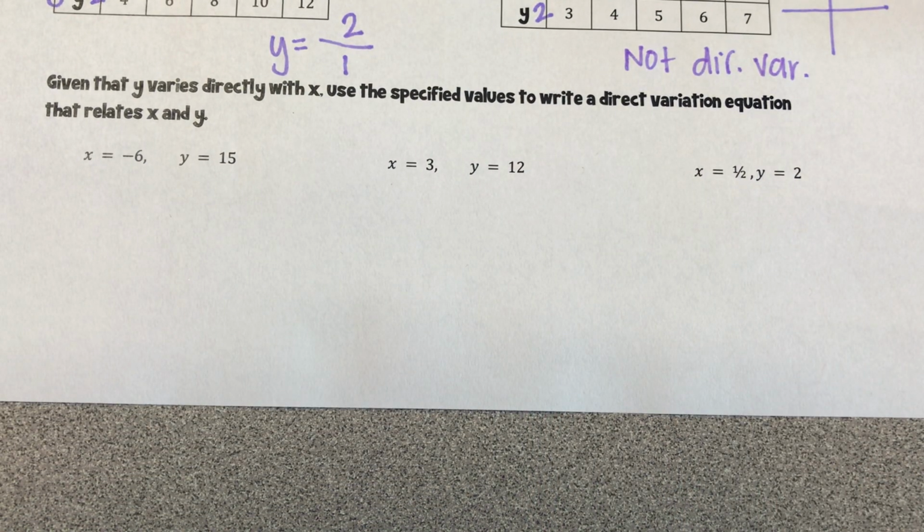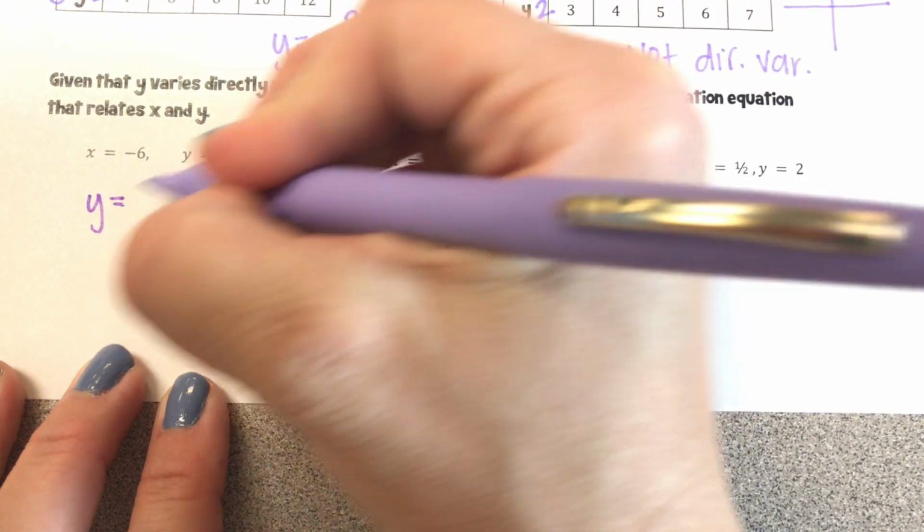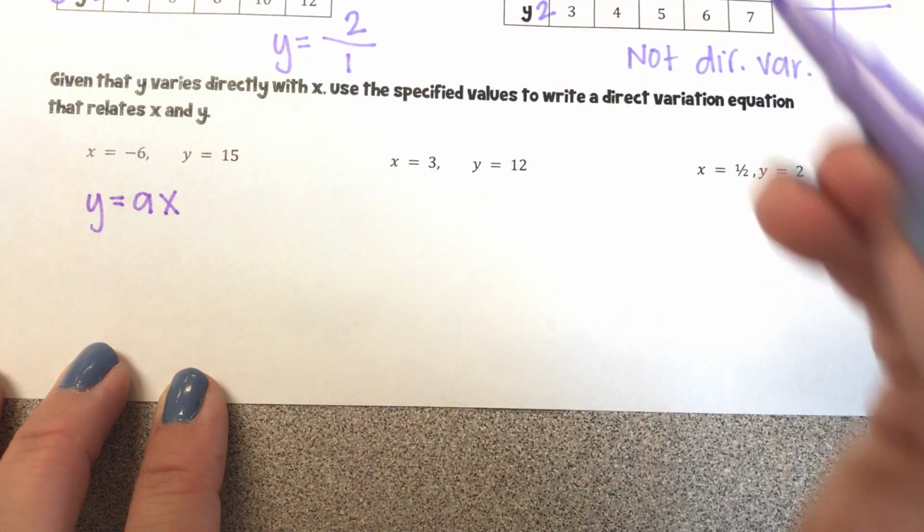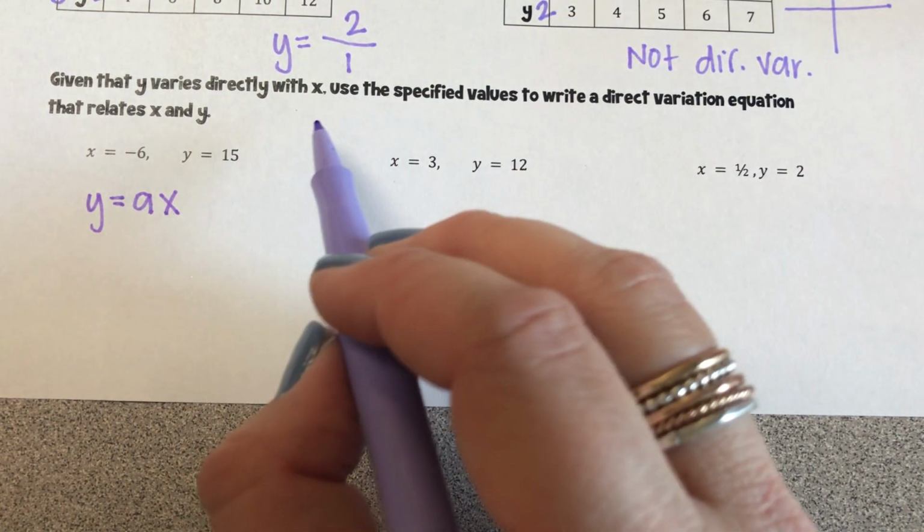Okay, one more kind of problem. It says, given that y varies directly with x, use the specified values to write a direct variation equation. Okay, so we know that y equals ax, right? I'm telling you that it's direct variation.